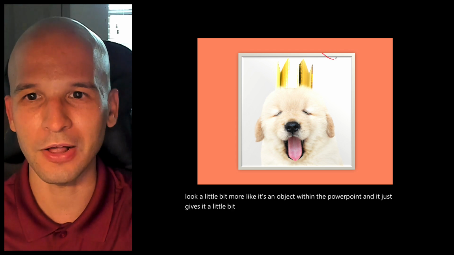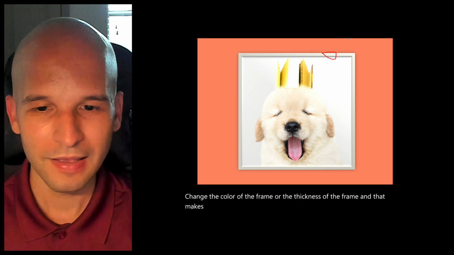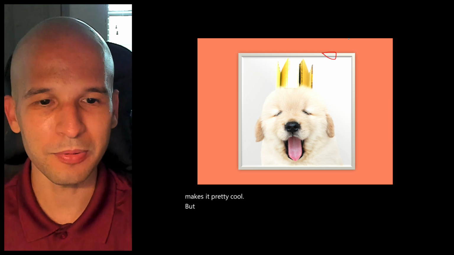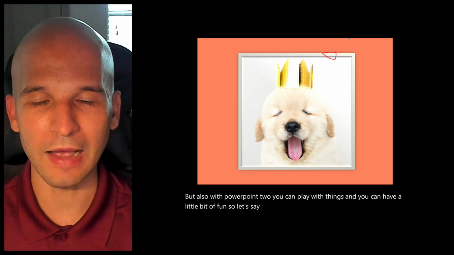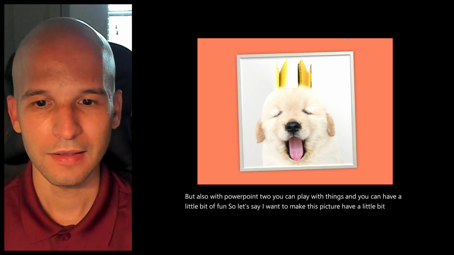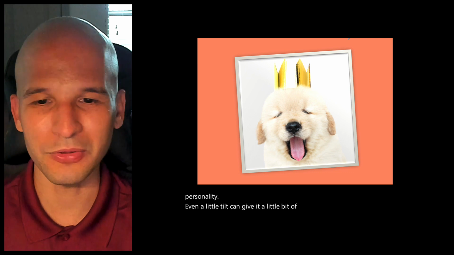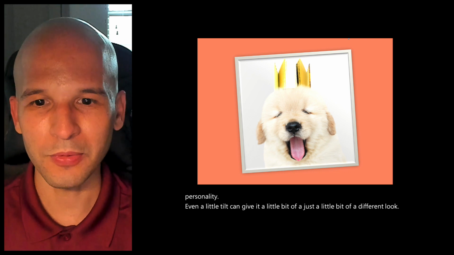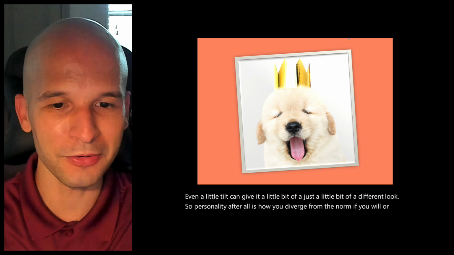I can change the color of the frame or the thickness of the frame, and that makes it pretty cool. But also with PowerPoint, you can play with things and have a little bit of fun. So let's say I want to make this picture have a little more personality. Even a little tilt can give it a different look. Personality, after all, is how you diverge from the norm, or what makes you unique and idiosyncratic.